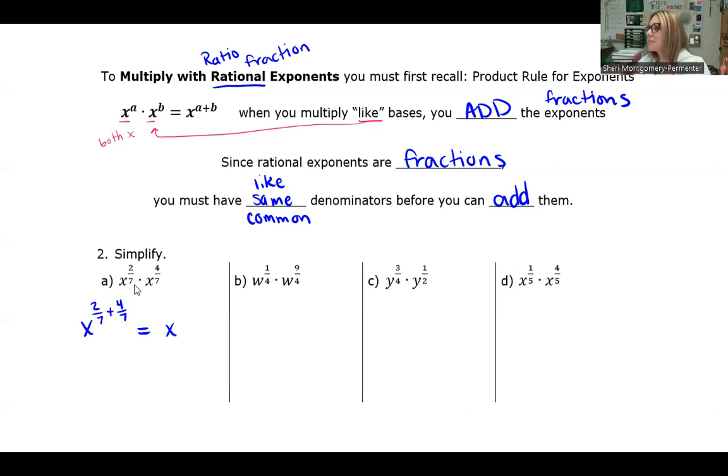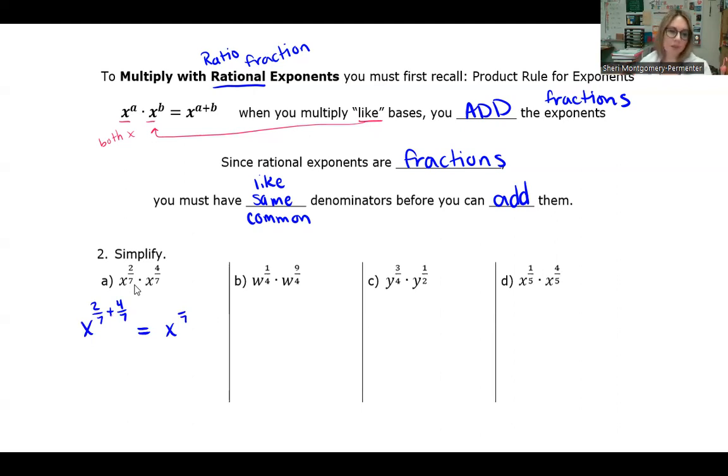When you have the same denominator in the answer, you still have the same denominator. It doesn't change. It does not become all of a sudden 14 or some crazy other math thing you think you should do. It stays the same.